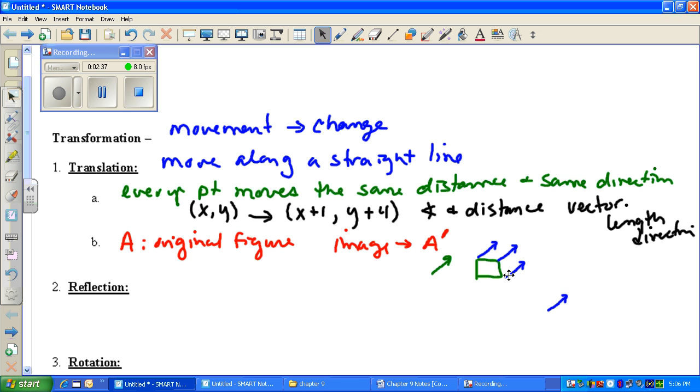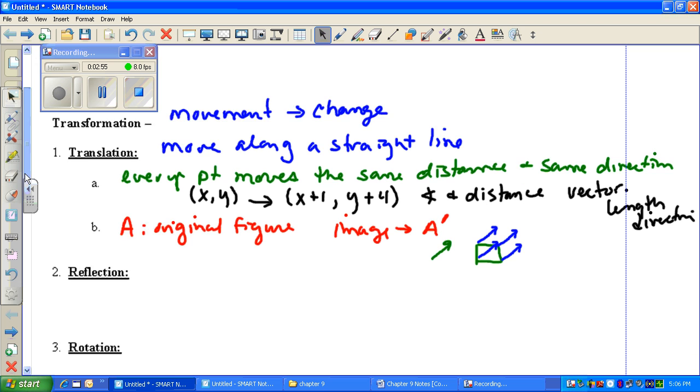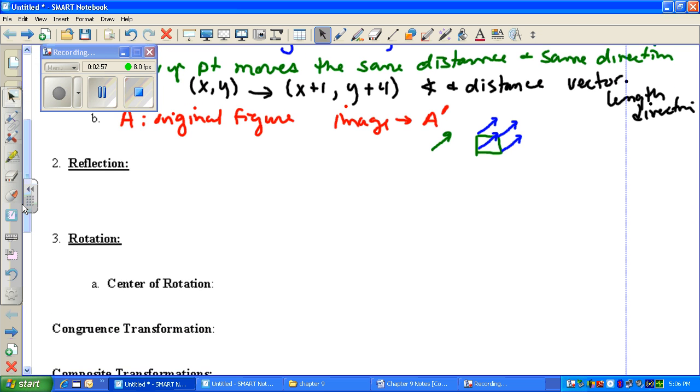I'll just pick the 4 corners here, and when I connect those arrows, I'll get my new shape. Every point was moved, and we'll see that using some patty paper. The original is A, and the image, the result of the translation, is called A prime.